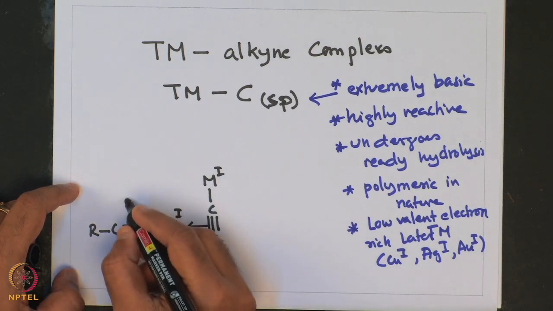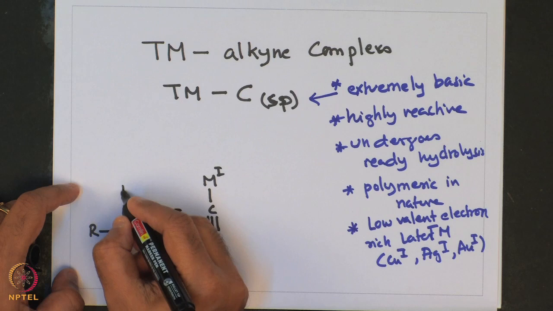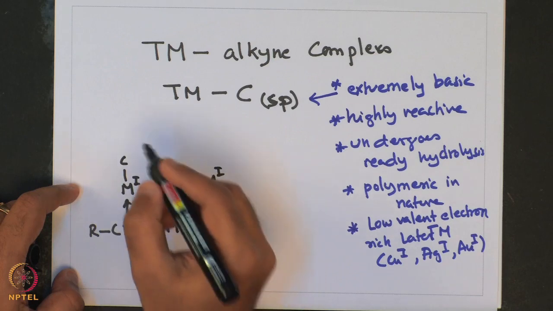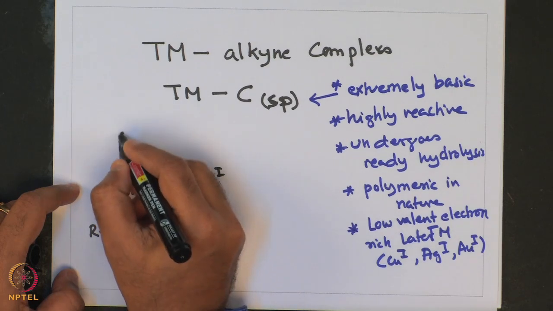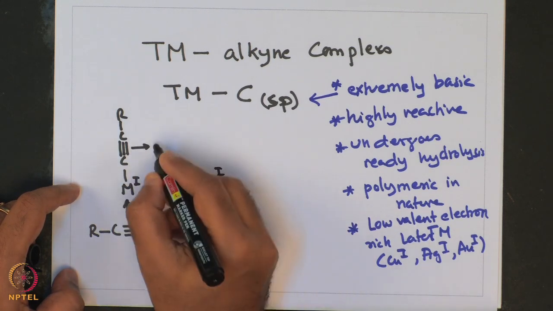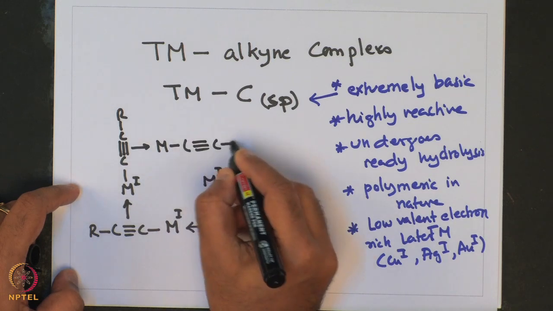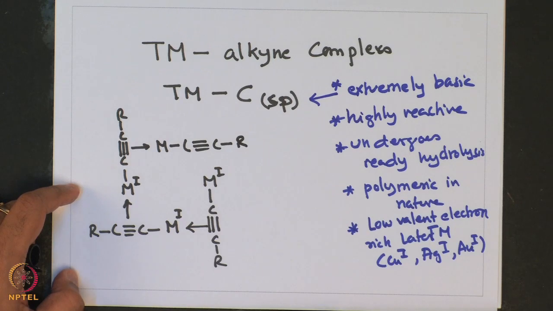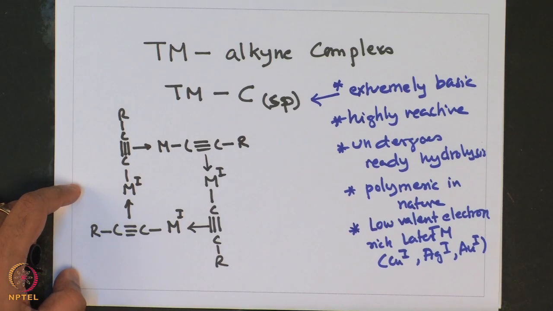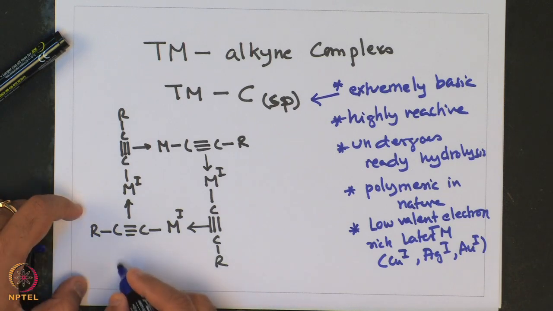Now, this pi cloud can interact with another metal acetylide moiety, that can also interact with another metal acetylide moiety, and that in turn can interact with the metal. So, this is how they acquire polymeric nature.